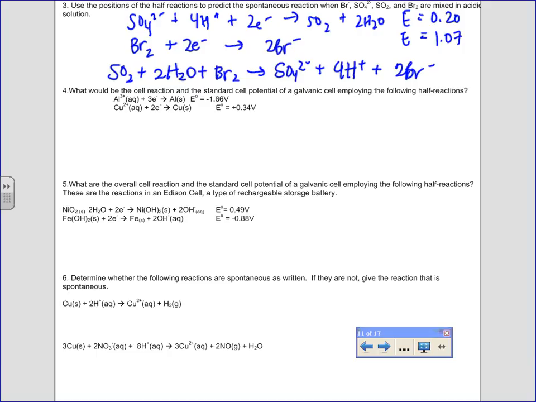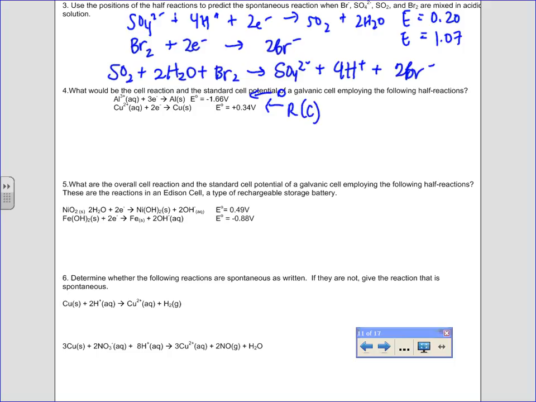Okay. In example 4, it asks what the cell reaction would be and the standard cell potential of a galvanic cell employing the following reactions. Okay, so again, we're comparing two reactions. The one with the higher cell potential is the one that's going to be reduced. The one with the lower cell potential is the one that's going to be oxidized.